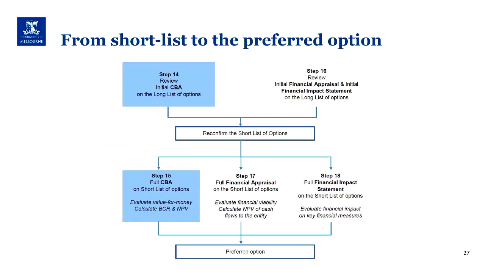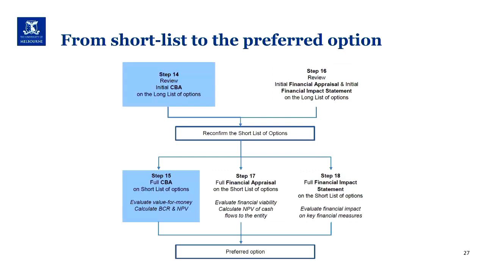And then in the next stage, that is the full business case, it is the same. You want to go from the short list to the preferred option. You need to choose one option. And as I was telling you, they suggest revising the outcome of the previous step, that is the initial cost-benefit analysis and the initial financial appraisal of the long list.